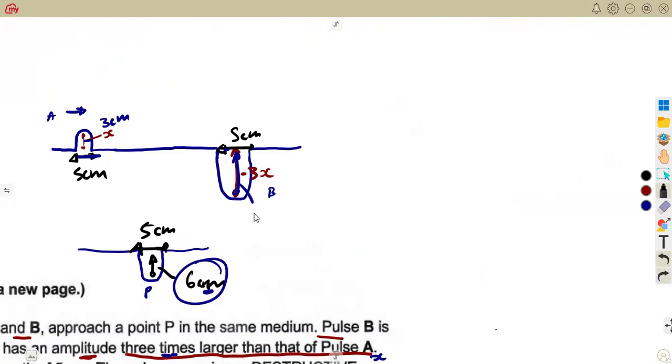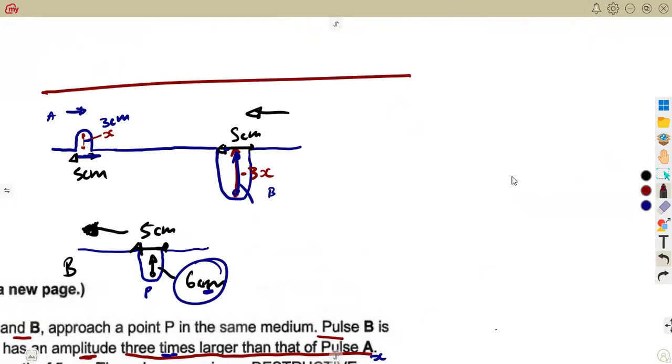So what does it mean? B was moving to the left. So at this point where we have got our destructive interference, B is going to continue to the left in its direction. It is going to continue where it was going. B is going to the left, so we are going to see B this side. A is going to continue. Where is A going? A is going to the right.